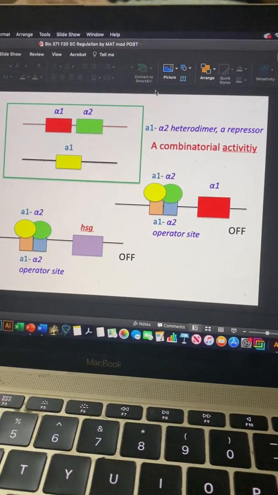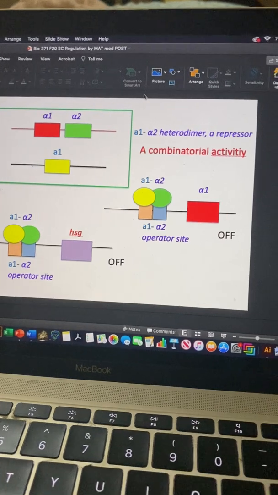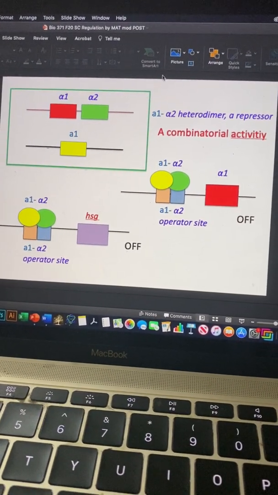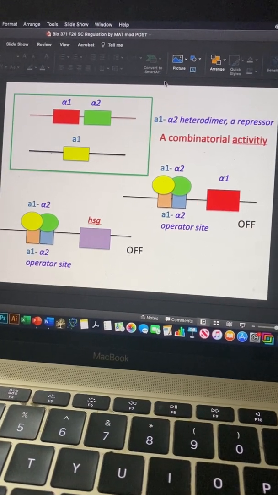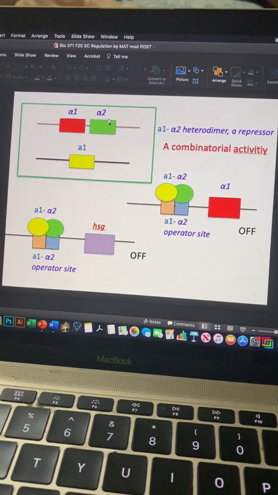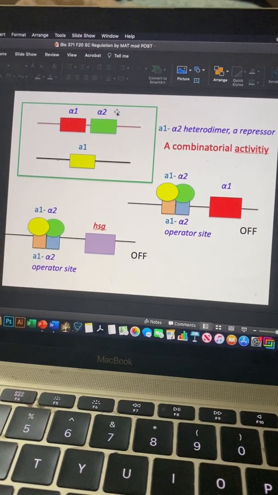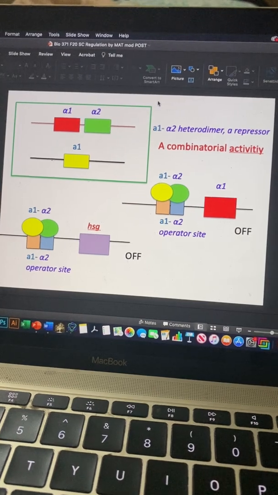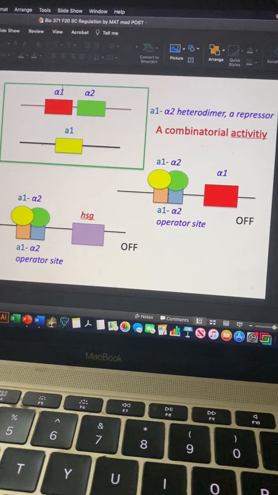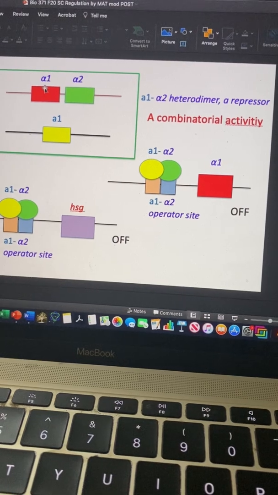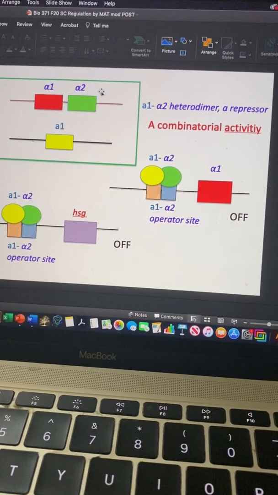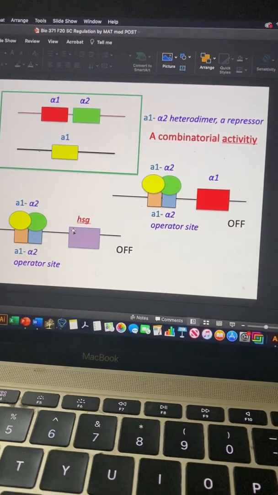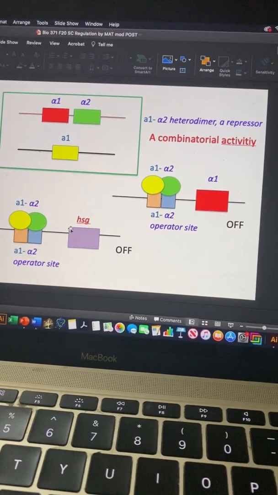That's why the A alpha diploid cannot produce pheromones and receptor for A. Now alpha 2 by itself is going to repress the A specific genes. Because you don't have alpha 1, you do not express alpha specific genes. Alpha 2 represses A specific genes. And because you have the A1 alpha 2 complex, you do not have haploid specific genes.